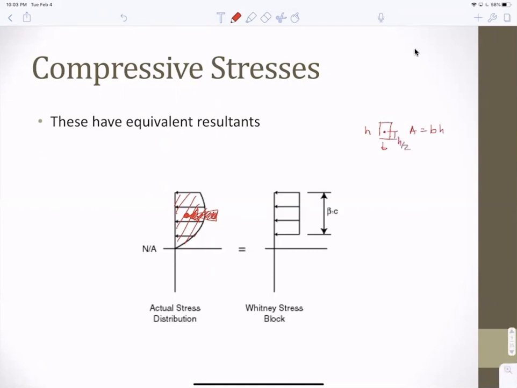So what we want to do is find a rectangle here that has the same area and centroid as this parabolic shape here. And the way you do that is you make the rectangle sit a little bit above the neutral axis, okay? And this will work out. It's actually got a lower height, and it's a little bit above the neutral axis.